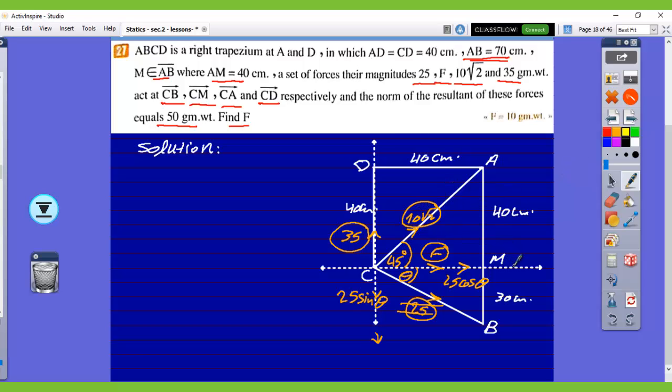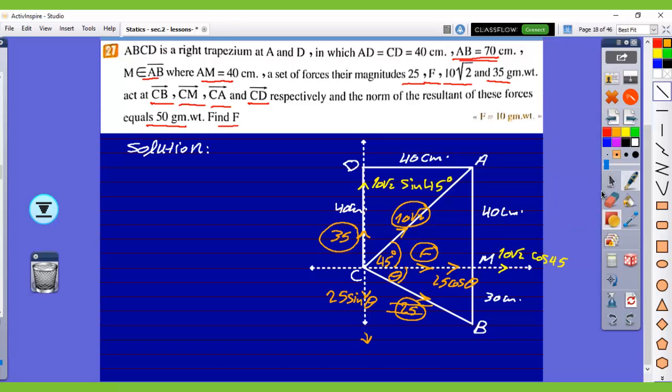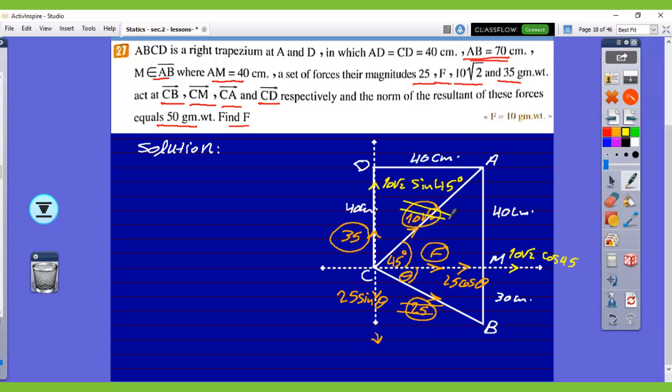In the direction of the ray CM, we have 10 root 2 cosine 45, and here we have 10 root 2 sine 45. Now we can remove this force 10 root 2.